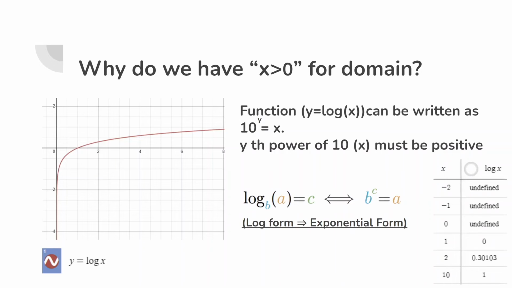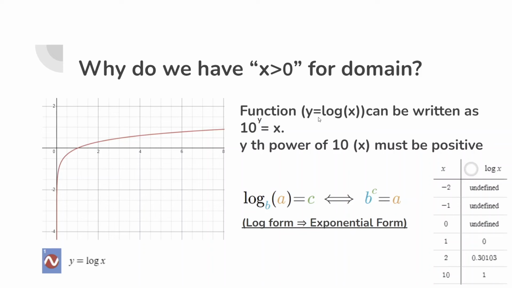Why do we have x greater than 0 for domain? Remember that the log form, log base b of a equals c, can be written in exponential form like this: b to the power of c is a.